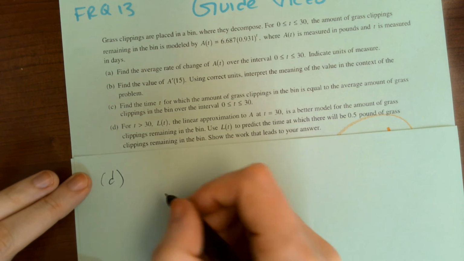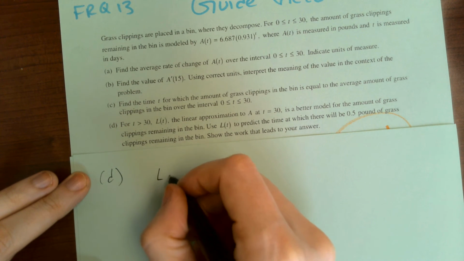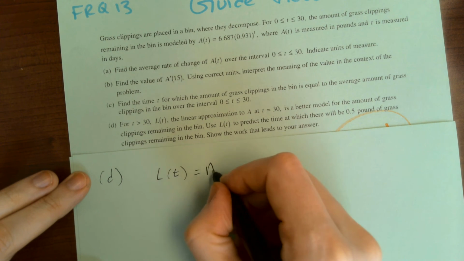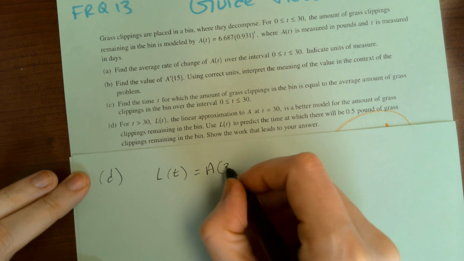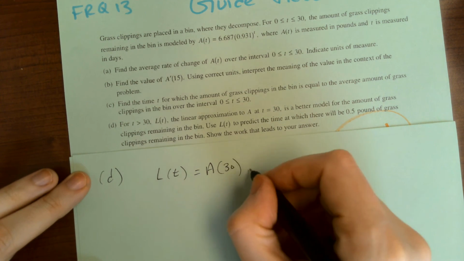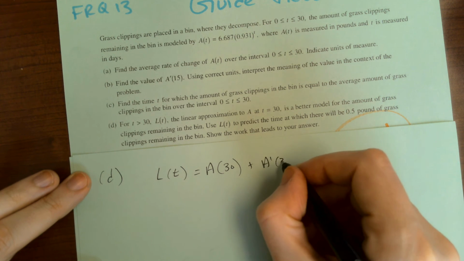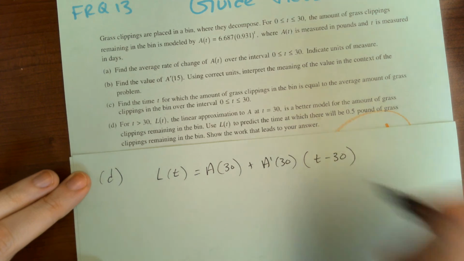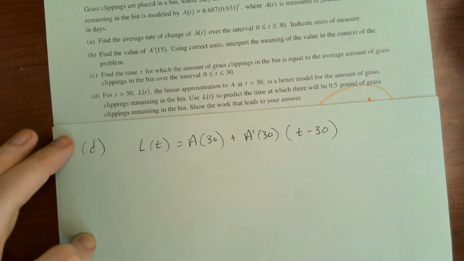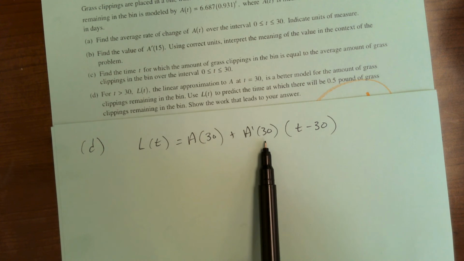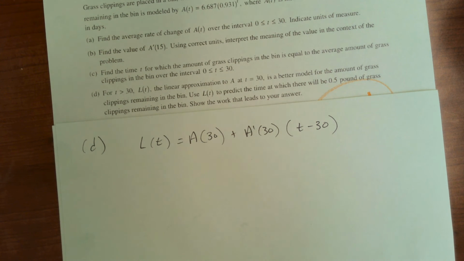So L of t is the linear approximation. So L of t equals A of 30, because we're approximating close to 30, plus A prime of 30 times t minus 30. Now, A of 30 and A prime of 30 are going to be very long decimals, so I'm going to have to store them.